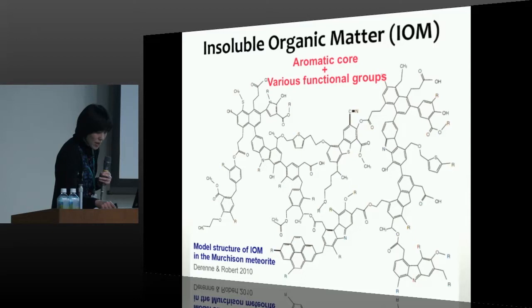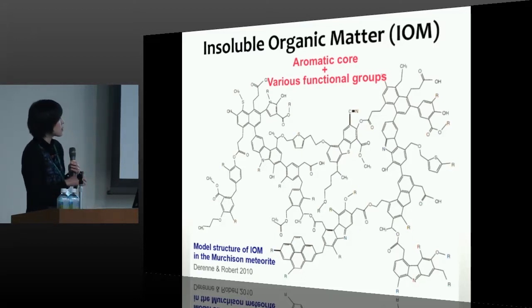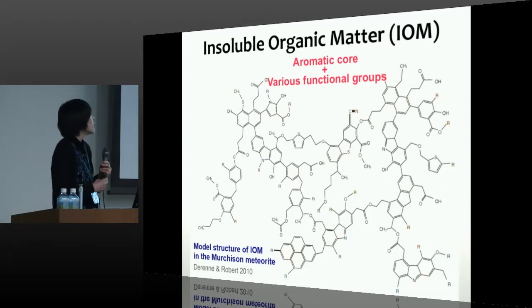So these are very complex in molecular structure. This is a model structure of IOM from Murchison meteorite, containing aromatic cores with a bunch of functional groups, like aliphatic or carboxyl, something like that.